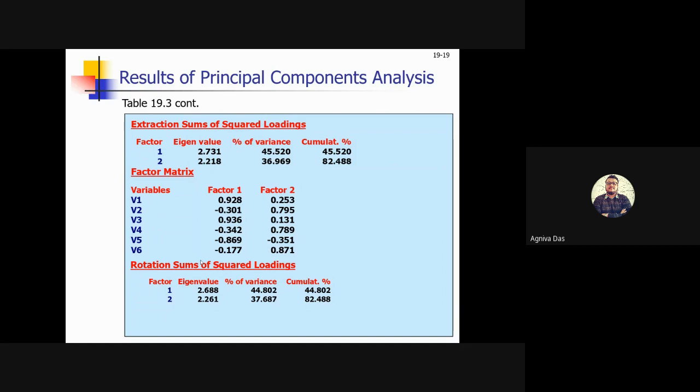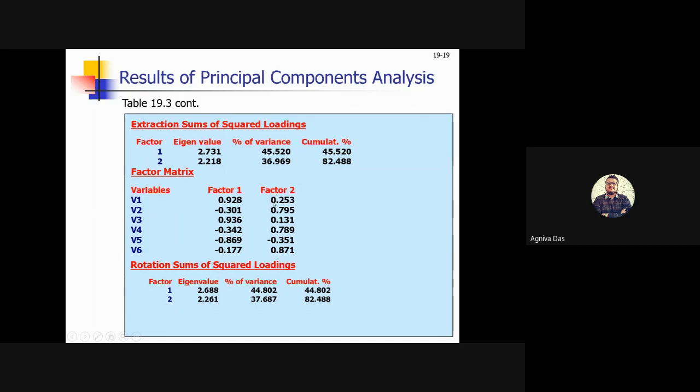We are simply rotating them around in such a way that those variables that have a heavy loading in particularly one factor will have smaller loadings in the other factors, and those variables having higher loading in the second factor will have smaller loading in the other factor. So as you can see, let's say variable 1 has very high loading in factor 1, but it has 0.253 loading in factor 2.